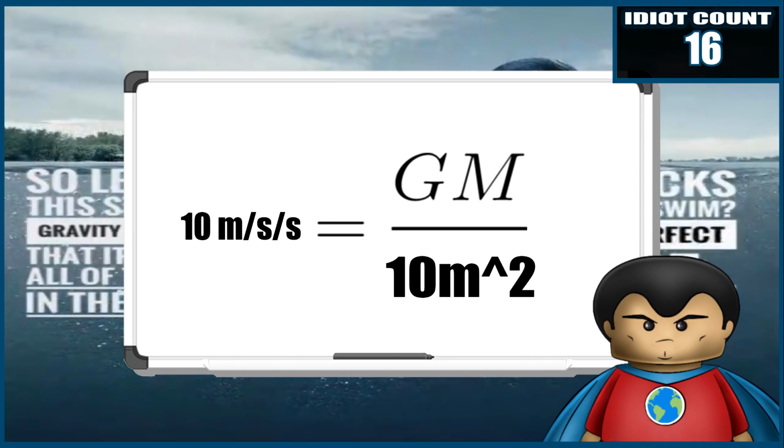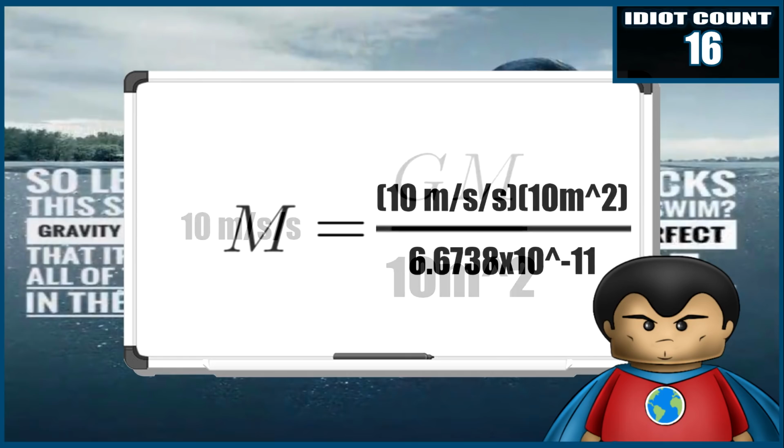We apply the equation A equals big G times mass of the sphere divided by r squared. We can then rewrite the equation to solve for the mass of the sphere. M equals A times r squared divided by big G, where A equals 10 meters per second squared, r equals 10 meters, and big G equals 6.6738 times 10 to the negative 11th.